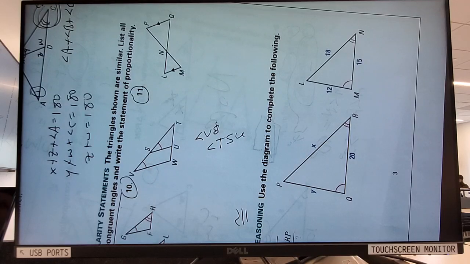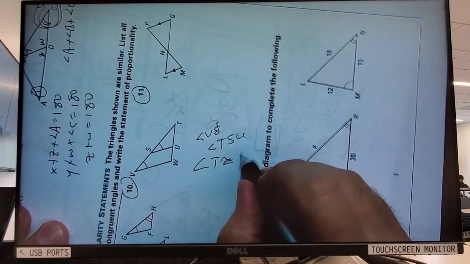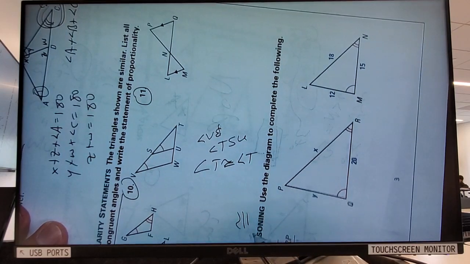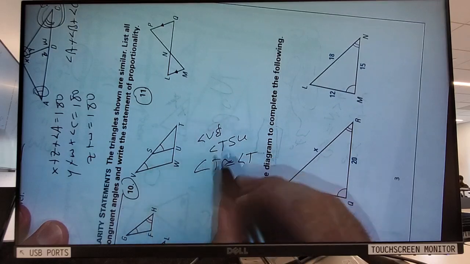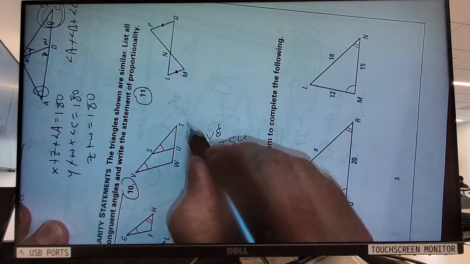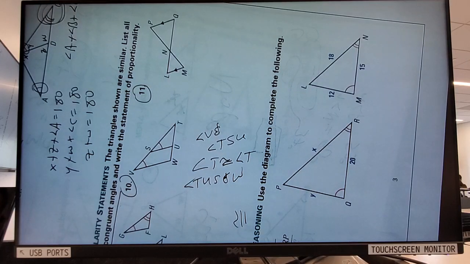One is really silly. What angle is just in both triangles? T. So angle T is congruent to angle T. That's crazy. And of course, the last one is angle TUS and angle W are congruent.